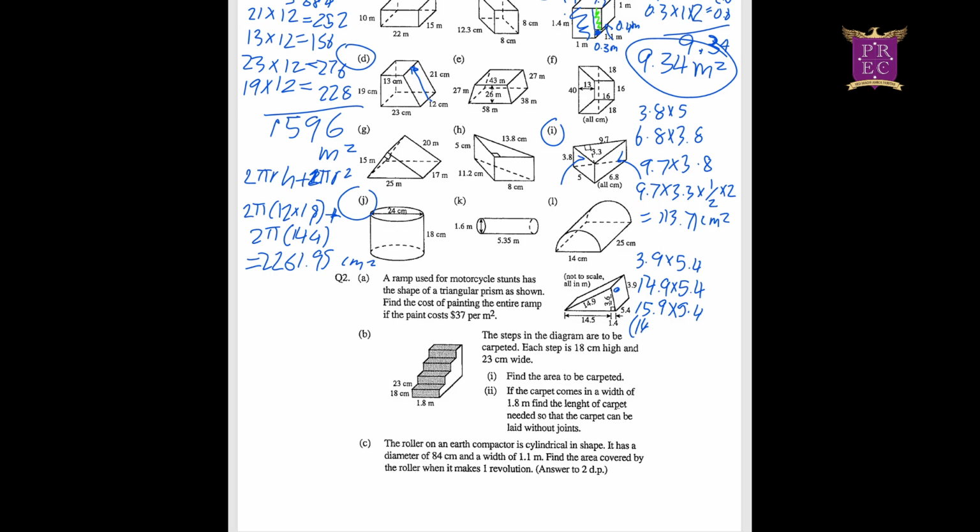Let's do 15.9 because that's the full length of the base. 15.9 times by 3.6 times by half times by 2.